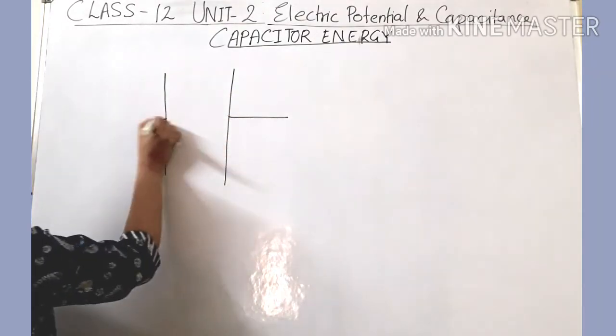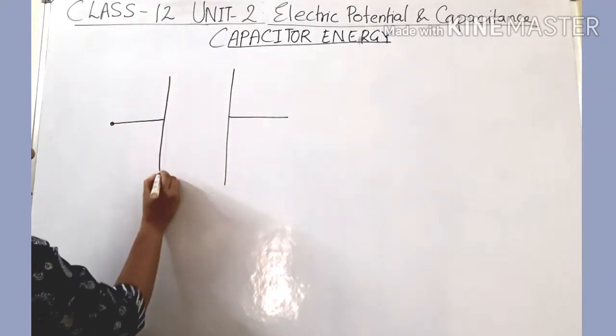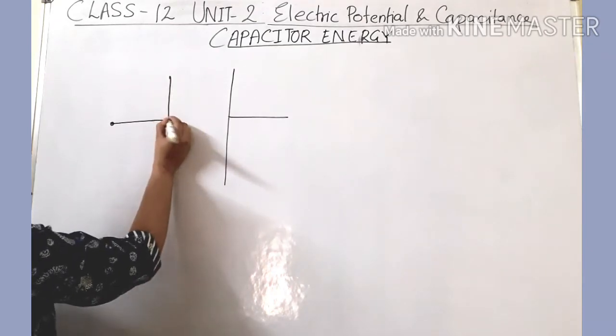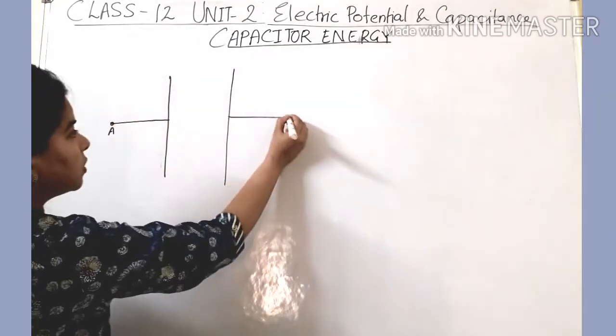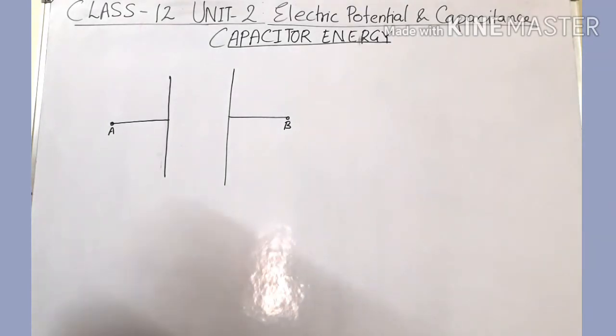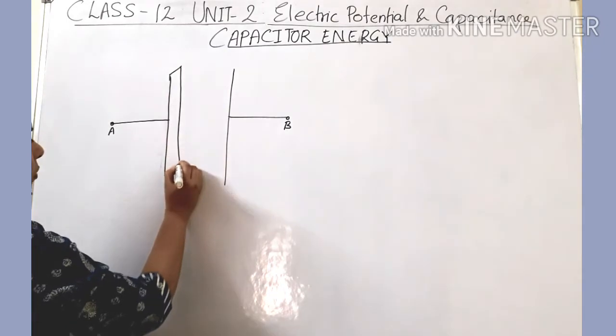We can solve for the energy of different shaped capacitors, as I told you that spherical capacitors, cylindrical capacitors, and variable capacitors are also one category, and I will give a brief overview of them. Here I am taking the case of a parallel plate capacitor.